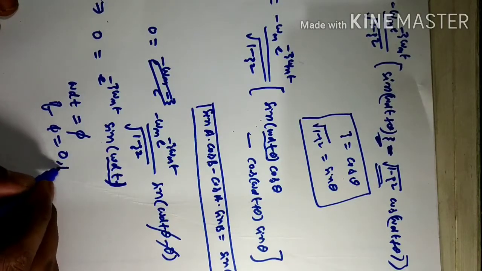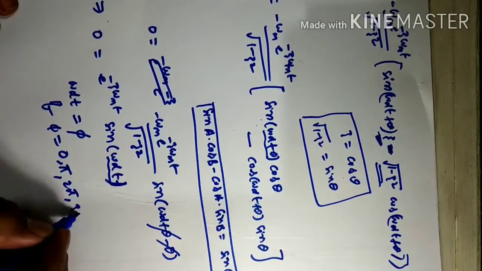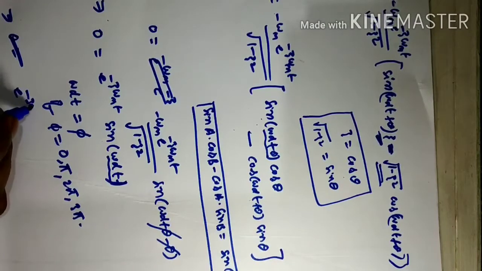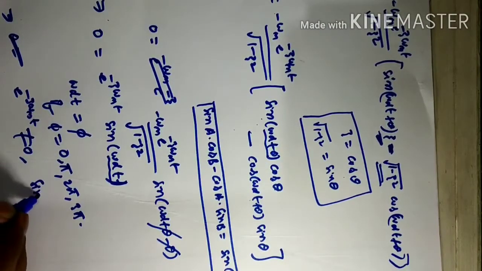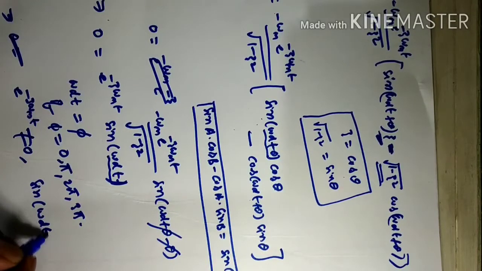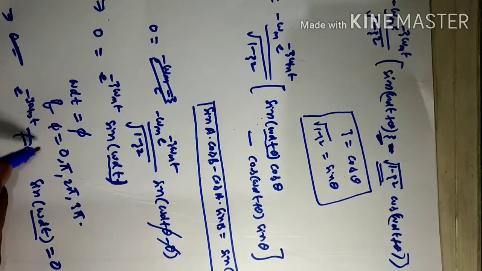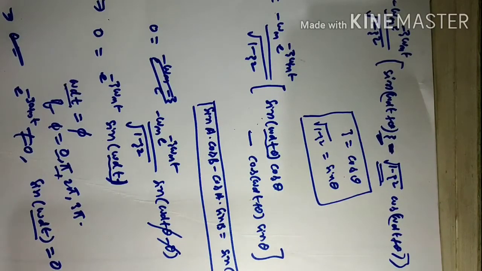And again you substitute pi, sin pi is 0, again sin 2 pi is 0, sin 3 pi is 0, and so on like this. So here e raised to minus zeta omega n t is not equal to 0, and sin omega dt is equal to 0. So when will it be 0? When omega dt is equal to 0 or pi or 2 pi.